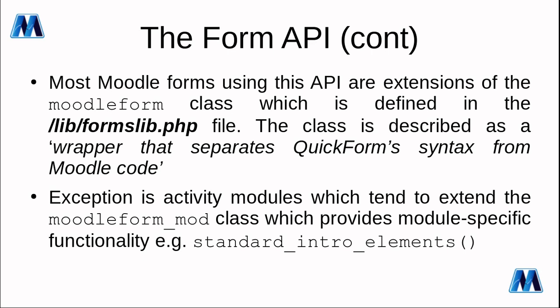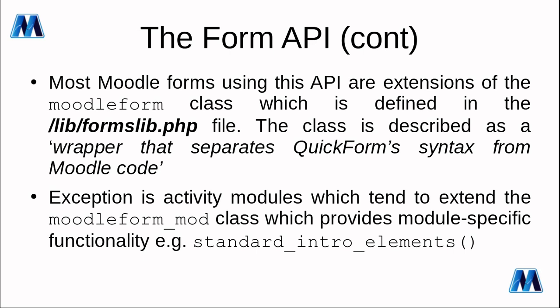Okay, and the class is described as the wrapper that separates QuickForms, which is the PEAR library's syntax, from Moodle code. Okay, the exception to extending the moodleform class is with modules, who have a moodleform_mod class, itself an extension of moodleform, which adds particular useful functionality for course modules.